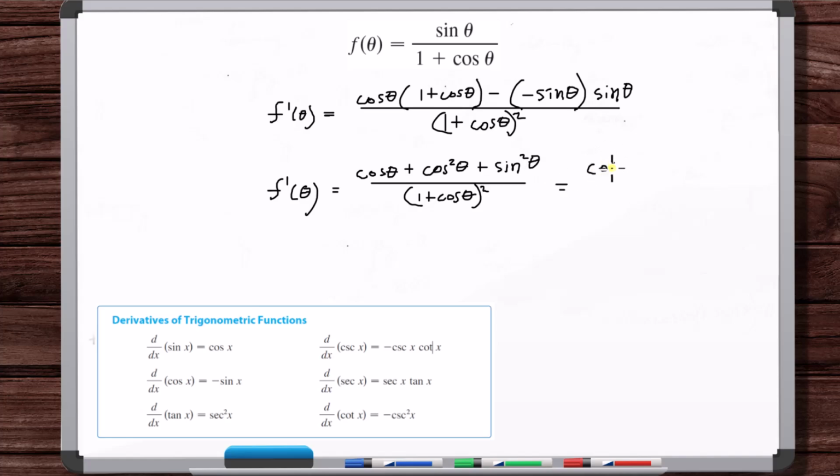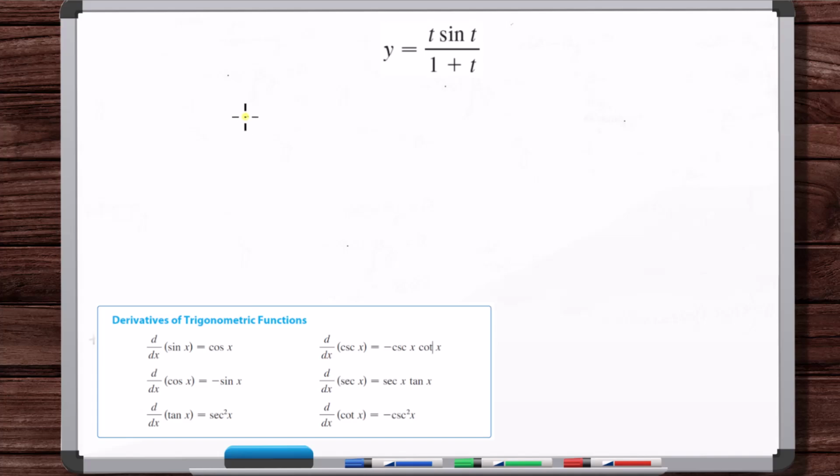So we've got... okay, so if we put this in parentheses, we can see that this cancels. So we're left with... and that's the derivative.